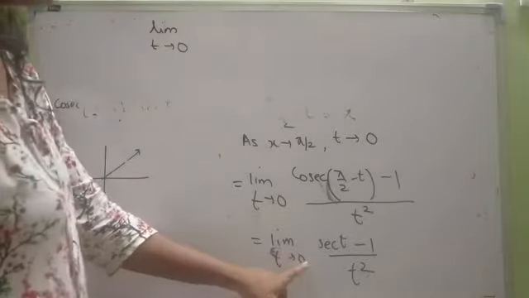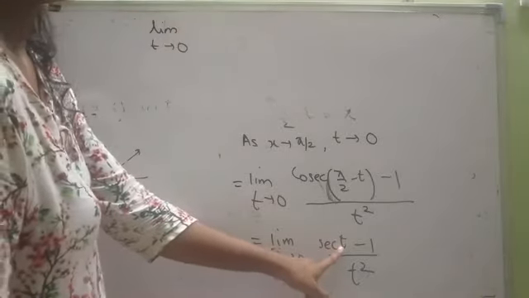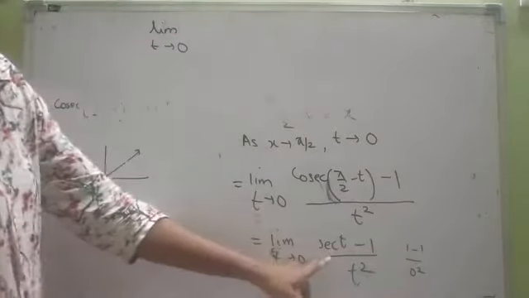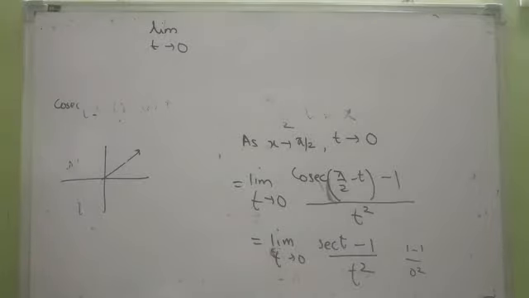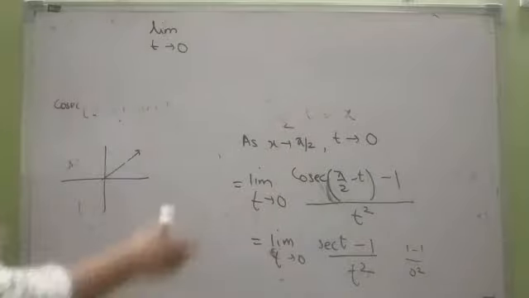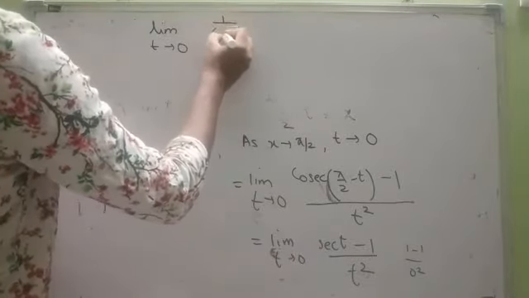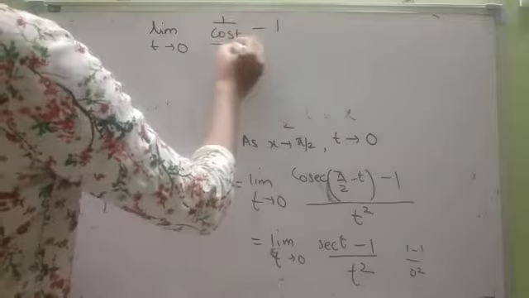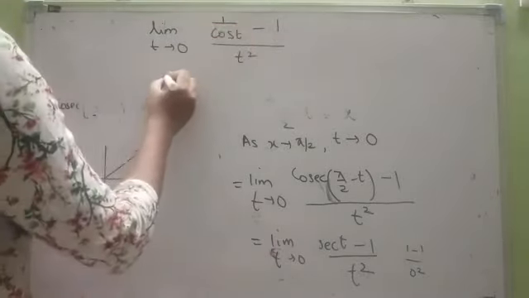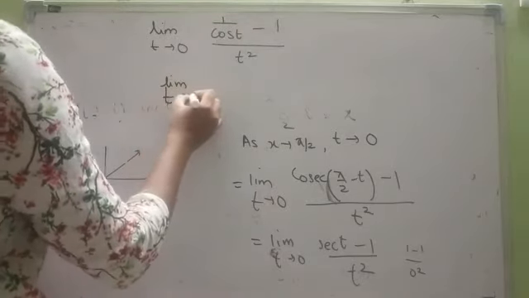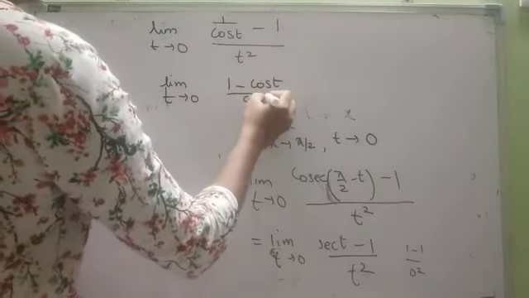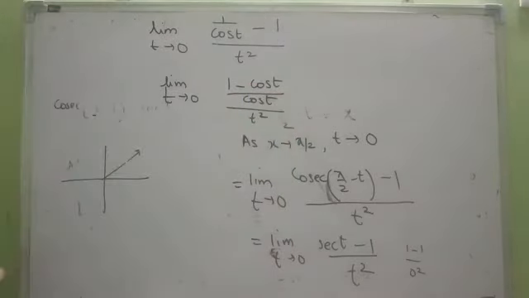Now if you directly try to substitute 0, sec of 0 will be 1. 1 minus 1, again 0 upon 0 form is coming if you directly try to substitute. But now you can try to do some changes so that you don't get this. So sec t can be written as 1 upon cos t. Now you can cross multiply, so that will be limit t tending to 0, 1 minus cos t upon t square.